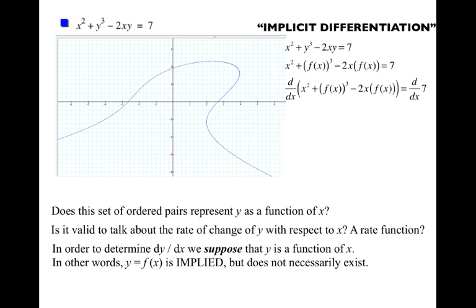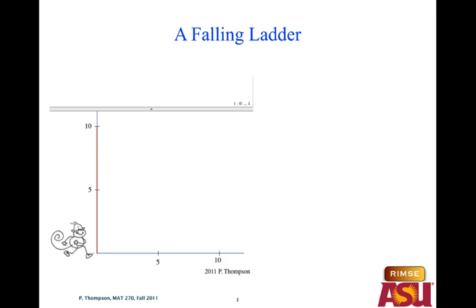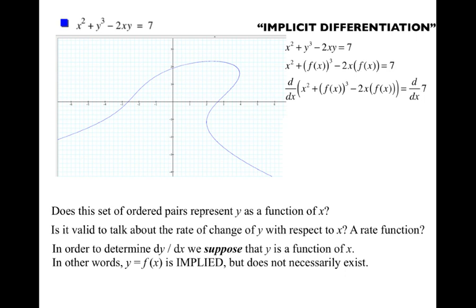Now we have the derivative of a function of x, cubed. How do we do the derivative of some function cubed? We're going to need the chain rule. That's a composite function, one function plugged into another. So applying the chain rule to that. The derivative of x squared we said was 2x.